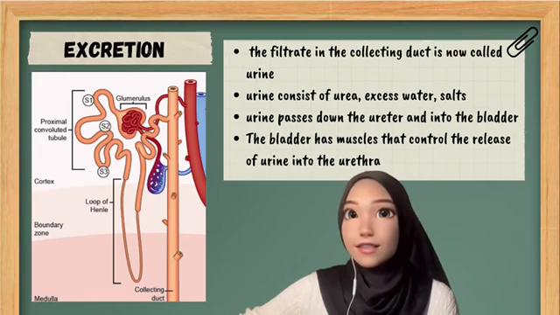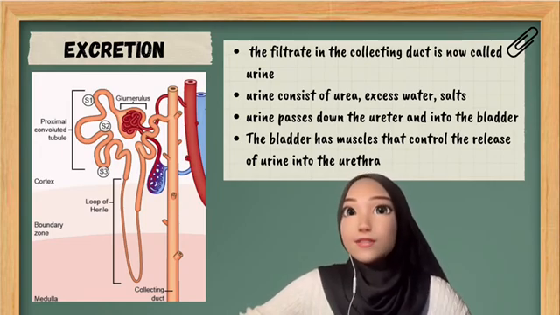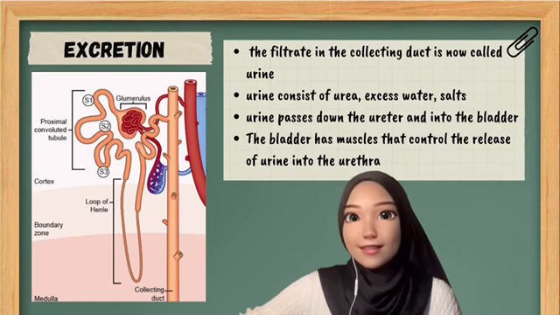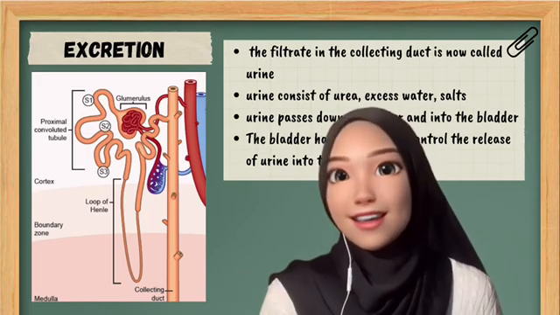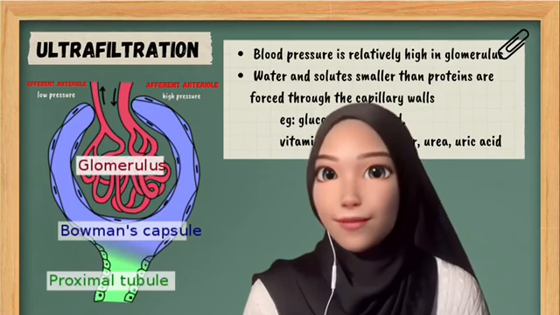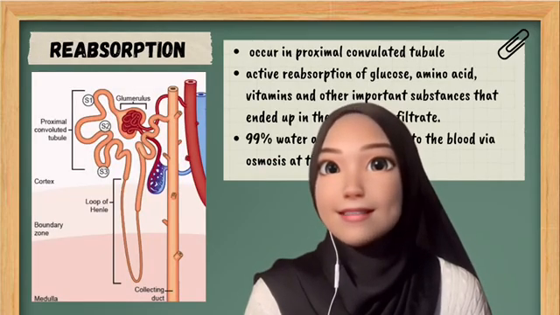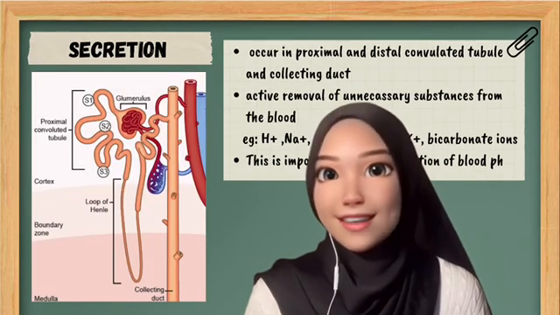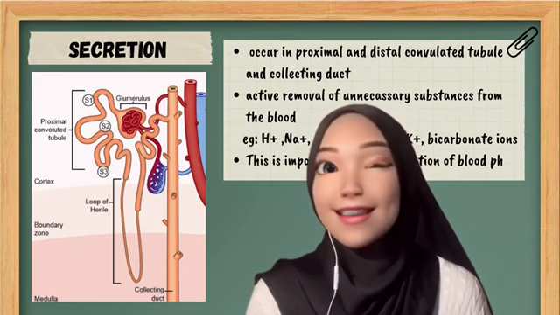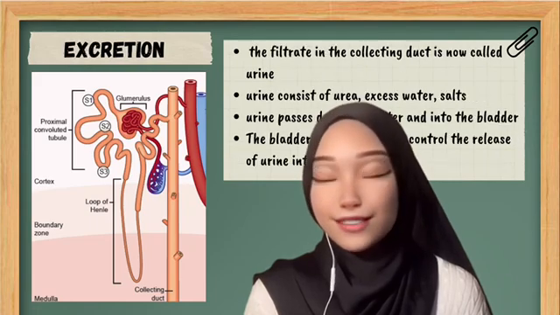So after that, the urine passes down the ureter into the bladder, and the bladder has muscles that control the release of urine into the urethra. So here's are the steps how urine are being formed, which is the ultrafiltration process, reabsorption process, and the secretion process. And to remove the urine from our body, it will go through the excretion process.